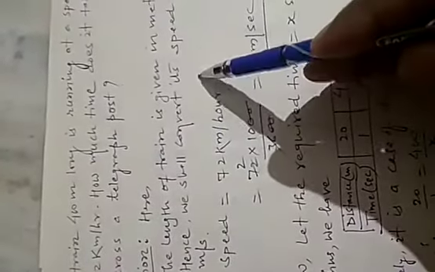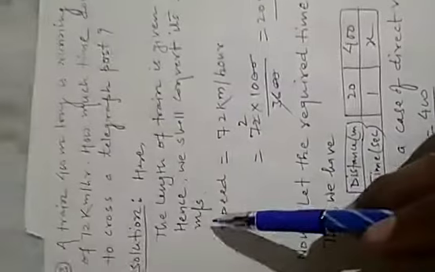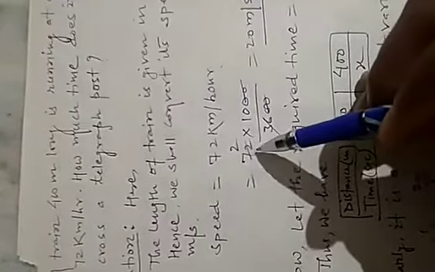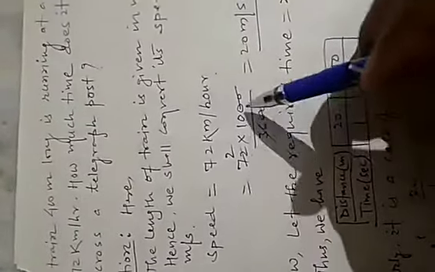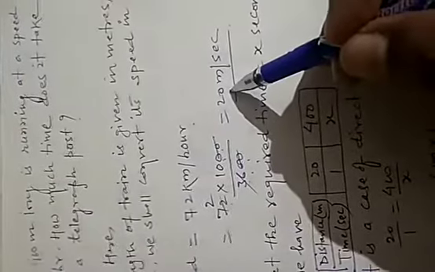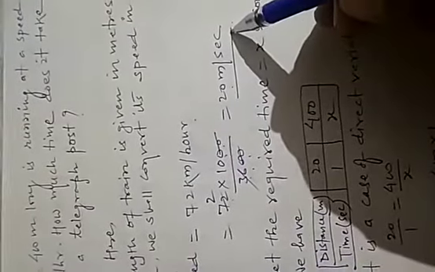Therefore, we can write 72 into 1000 by 3600, since 1 kilometer is equal to 1000 meters and 1 hour is equal to 3600 seconds. We get the result 20 meters per second.